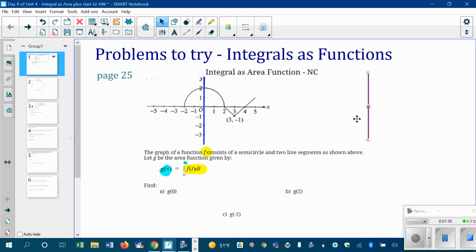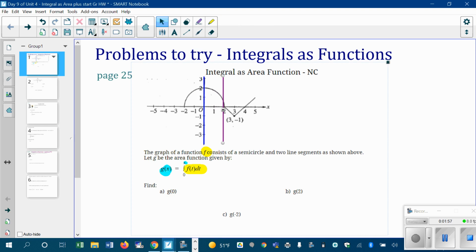So since g is a function of x, we could think of x varying, right? That is what a variable is. It is something that varies. If you think about the fact that the lower bound is at 0, think of starting at 0, and then as x increases, x is the location of this purple line.